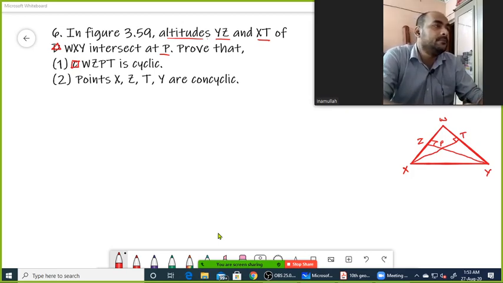It is already mentioned that XT is perpendicular to WY. This is already given.